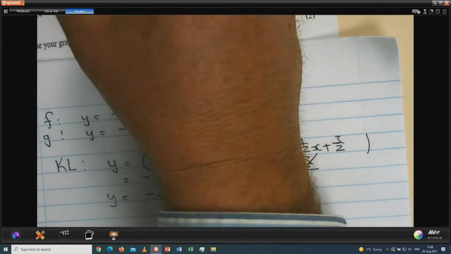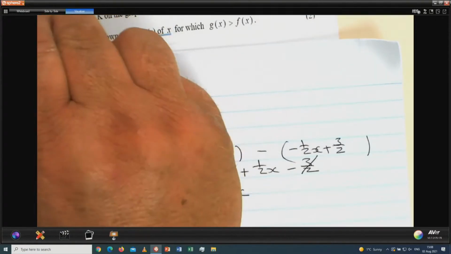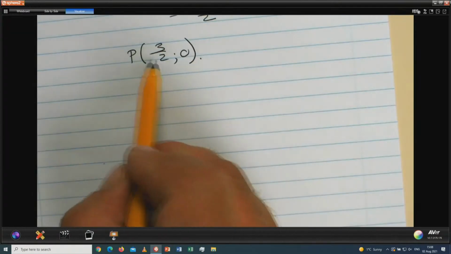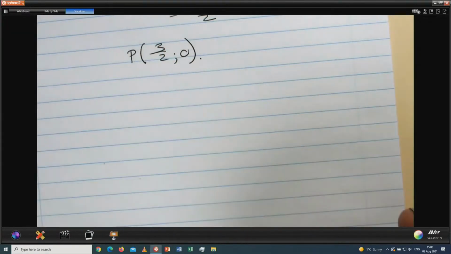Because for this x value to be a maximum, the maximum length of KL will be a maximum if x is equal to 3 over 2, and that will be your p value, the same x value. And because p lies on the x-axis, your y coordinate is 0, so p's coordinates is 3 over 2, 0.